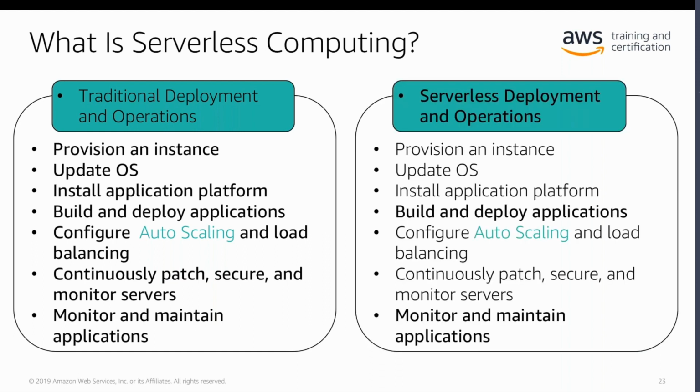Whereas if we look at building serverless applications, we have to build and deploy our applications and monitor and maintain them over time. A lot of the undifferentiated heavy lifting of managing the infrastructure falls to AWS, and AWS manages your servers. What you do is you write code, and you monitor that code and maintain its lifecycle.